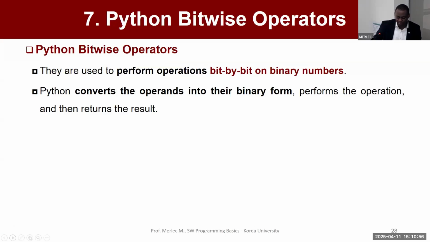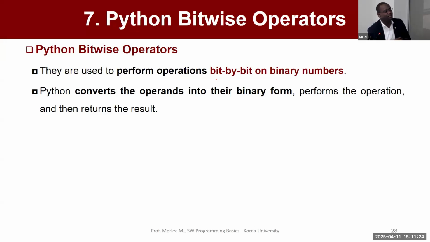As we have learned in the first session, in classical computers, information is represented in terms of 1 and 0, which is binary representation of information. So for doing operations on numbers which are represented as 1 and 0, we use bitwise operators.